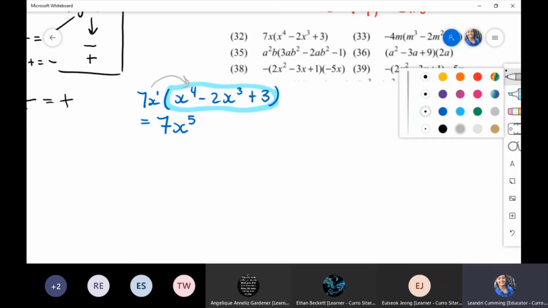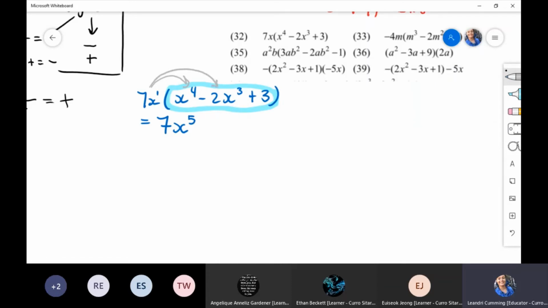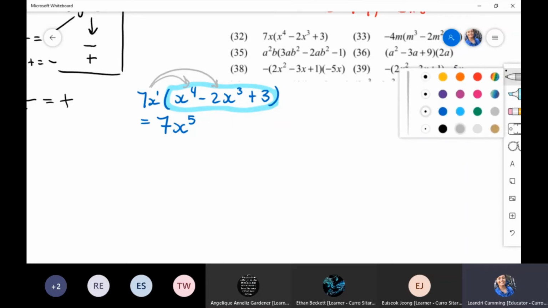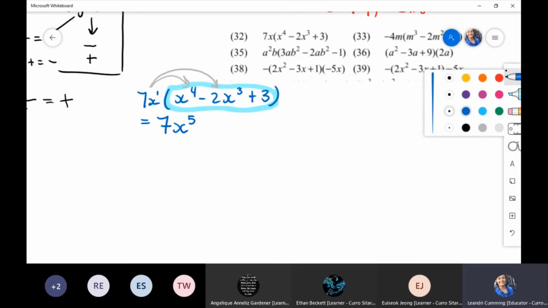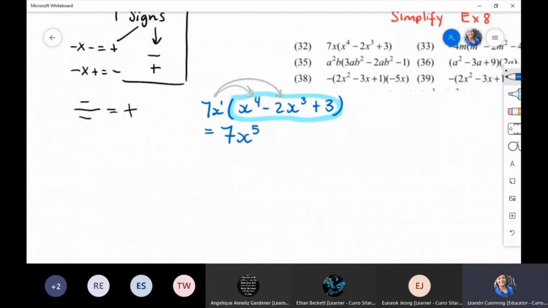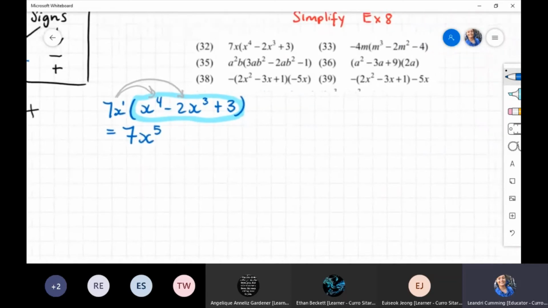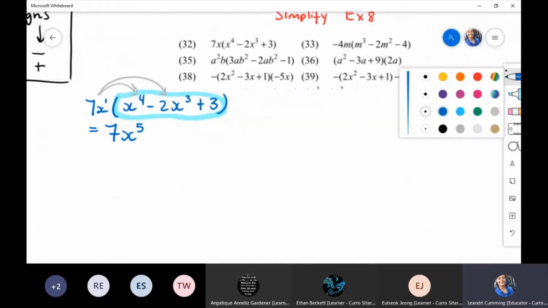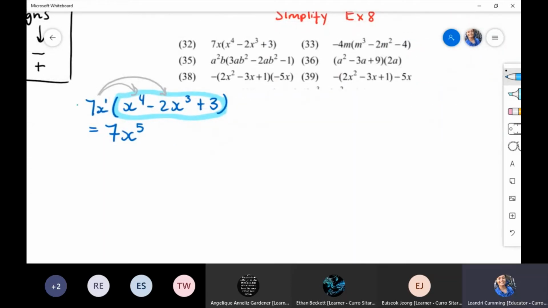Now I go back and I do the second term. I go back to my original 7x, and using the distributive law, I multiply it with minus 2x cubed. And here I get my sign. Very important. I have a positive times the negative. What do I mean? This sign in front of my 7 is the positive that I'm talking about, and this sign here is the negative.